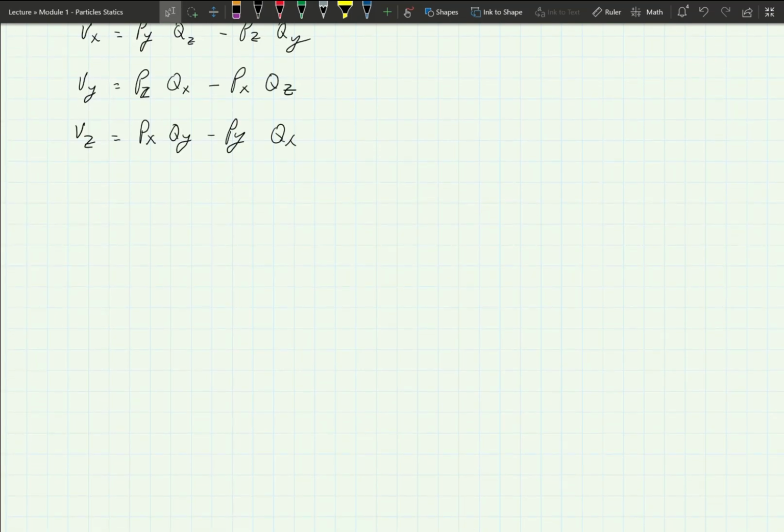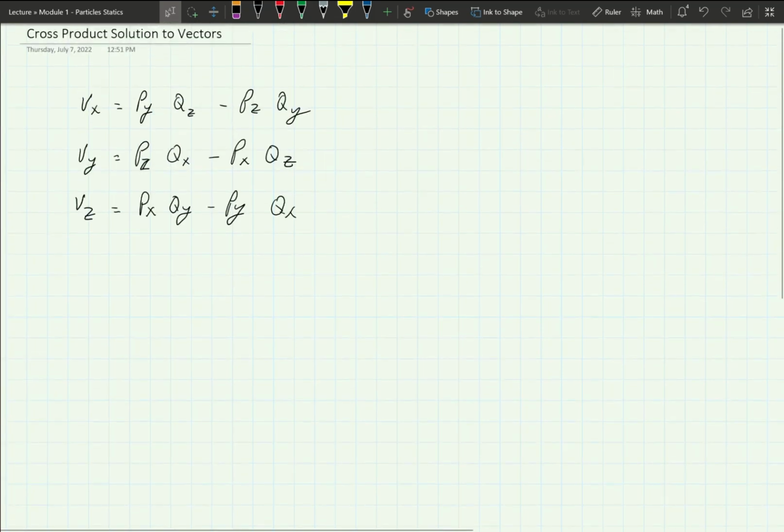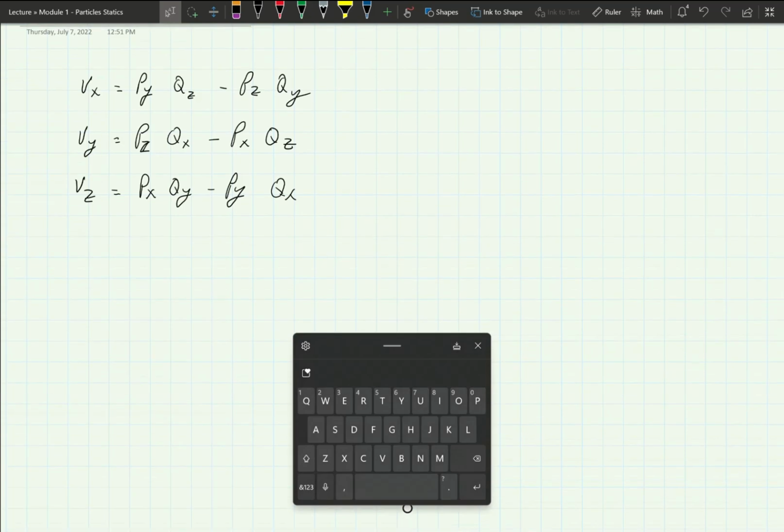When you get to linear algebra, remember this and you're going to see how this works. Okay. So here's how we can write this. We know the i's and we know the j's, so we know everything that's going to be in here.